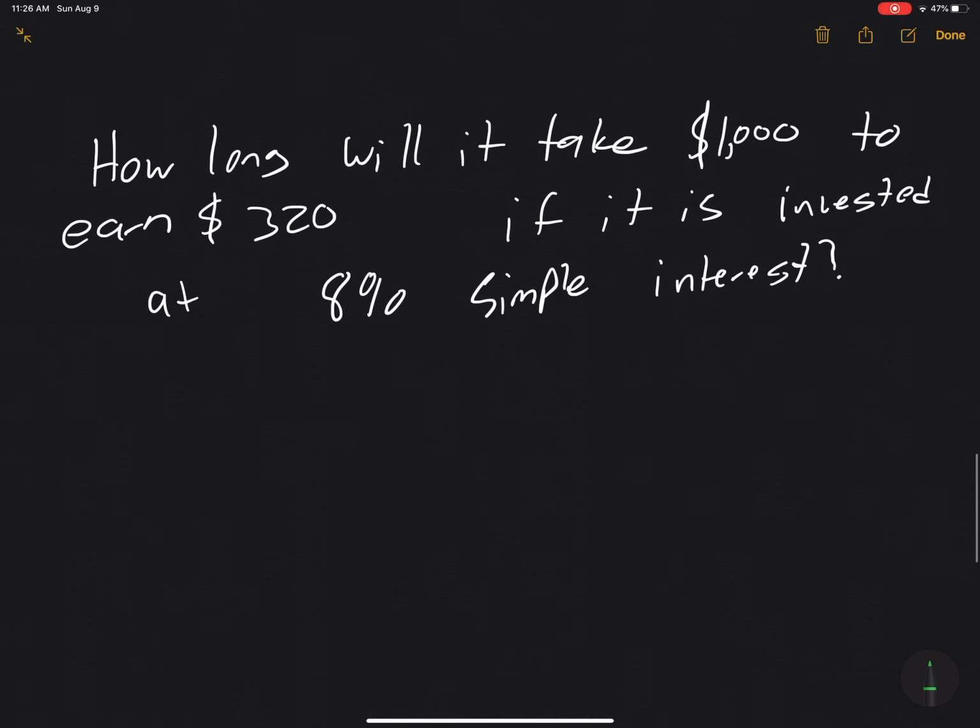Let's do one more problem. What if we had more money and wanted it at 8% interest once again to earn a little bit less? Well, we know that our answer should be a little less than 12.5 years, but let's see how to do it. We have the equation I equals PRT. And our interest, the amount we want to earn this time is $320.